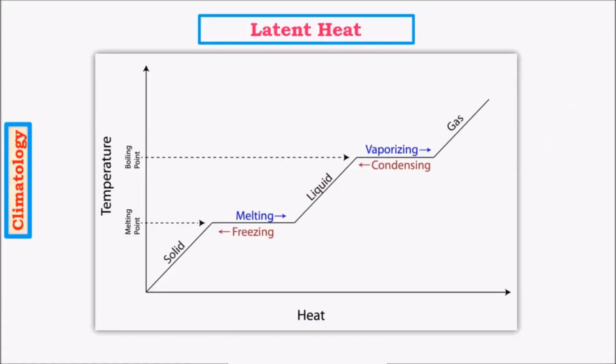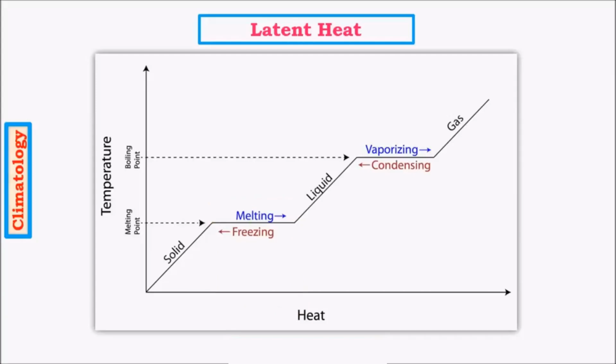So let us see what happens. This is the heat we are applying, and this is the temperature rise in the system. As we apply heat at the initial stages, the temperature of the system increases, as we can see in this graph. But at a certain point, the temperature remains constant while we are supplying heat. The heat we are supplying during this phase is utilized by the system to change its phase.